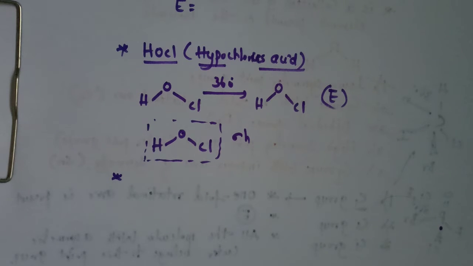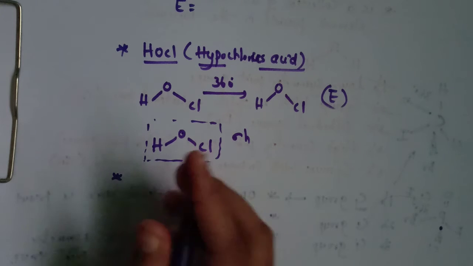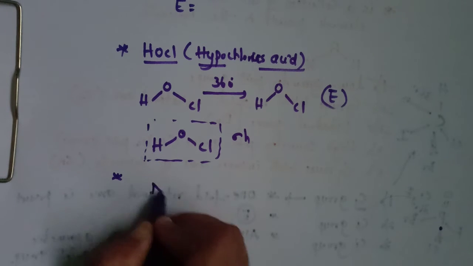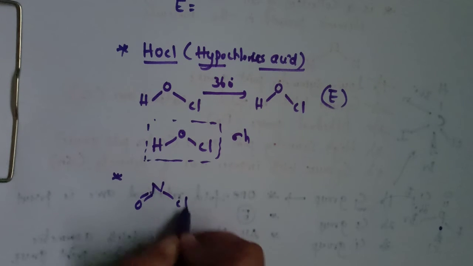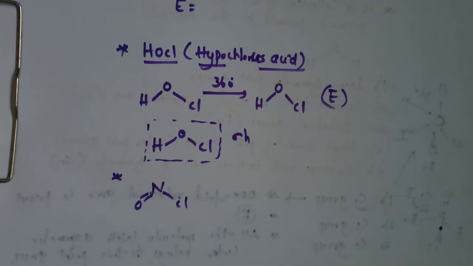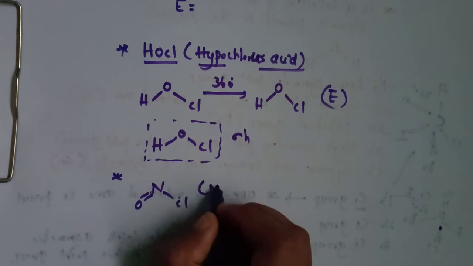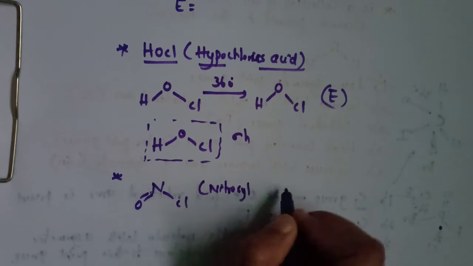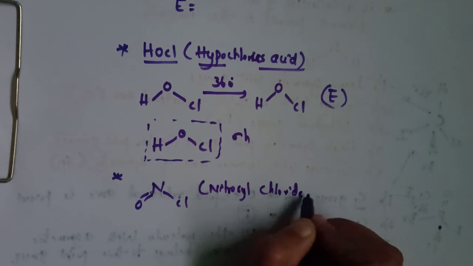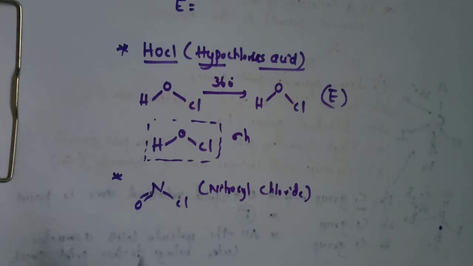Now the next example is NOCl, that is nitrosyl chloride. See here, in this molecule also we have identity. Every molecule will have identity, and this molecule is also having identity.